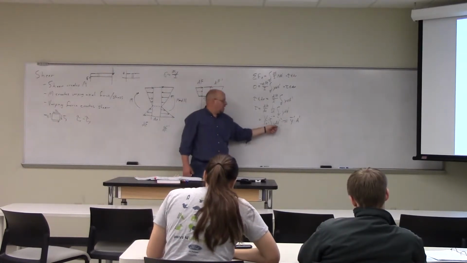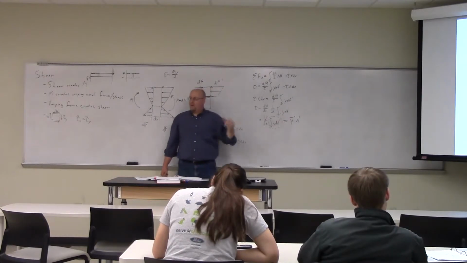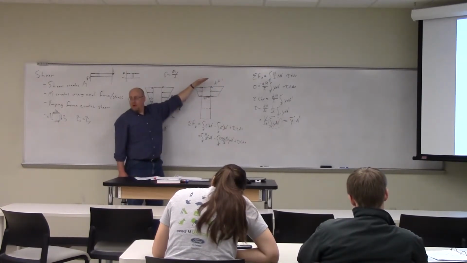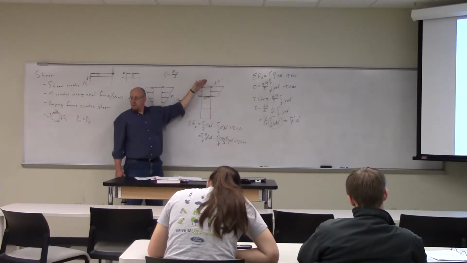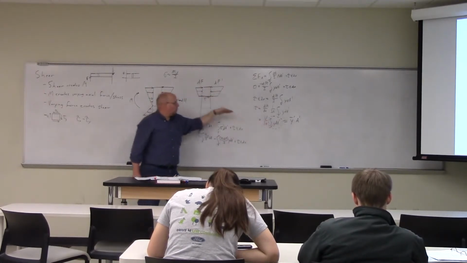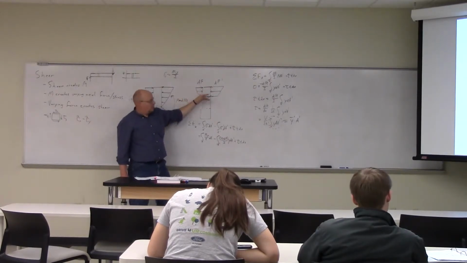But then I pull in this y bar prime times A prime, the area above 2 centimeters and the centroid of the region above 2 centimeters. So this part corresponds to just the part that I cut off, the part that's above the level where I want to find the shear stress.